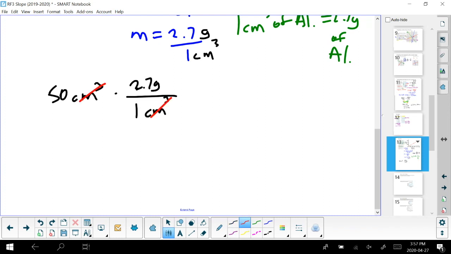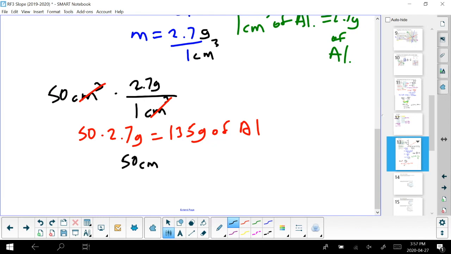We can get rid of our units there, and we'll end up with 50 multiplied by 2.7 grams, which is equal to roughly 135 grams of aluminum.